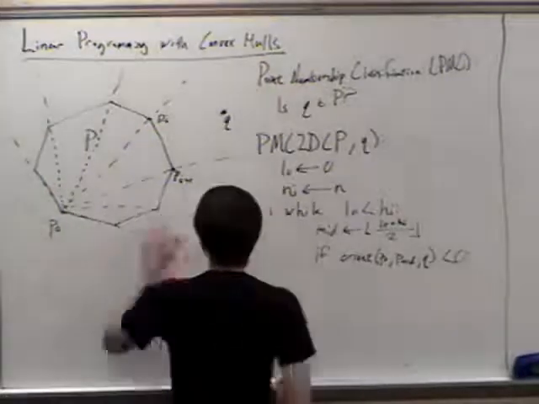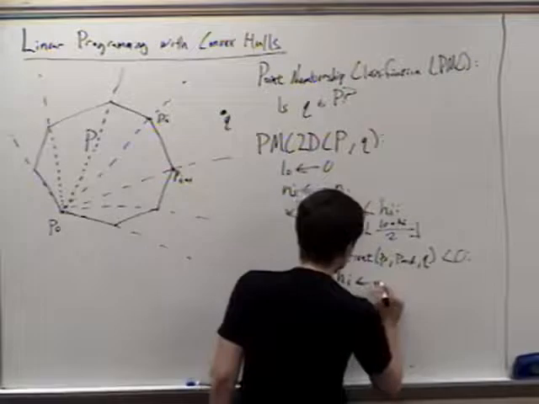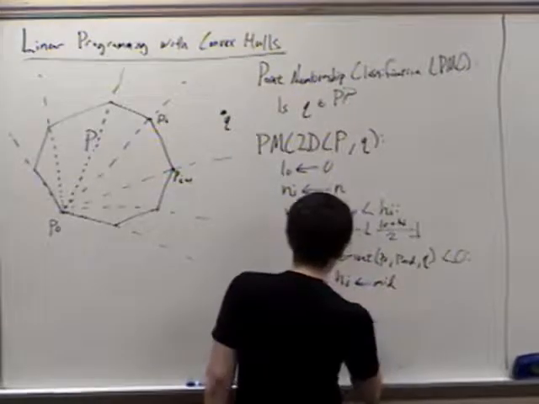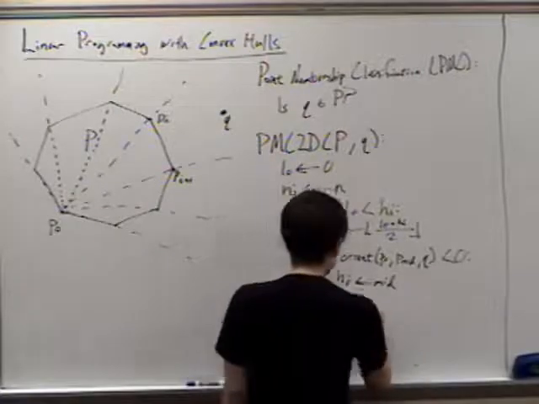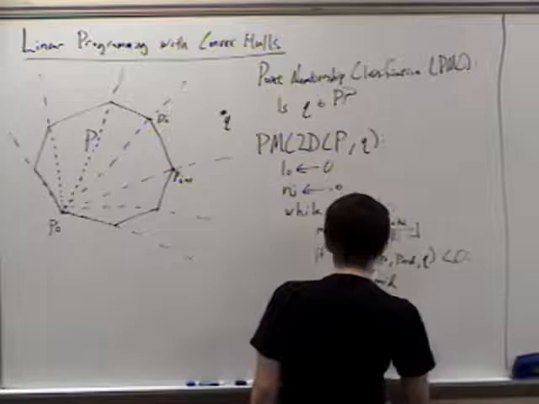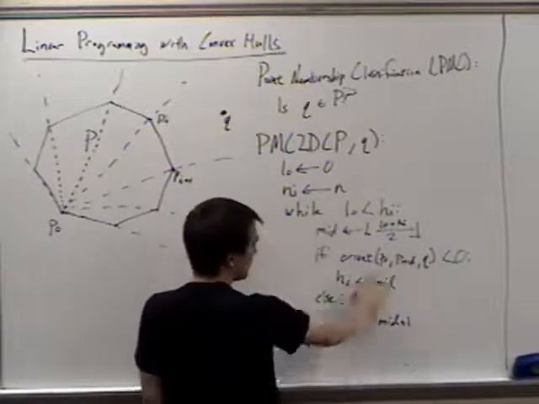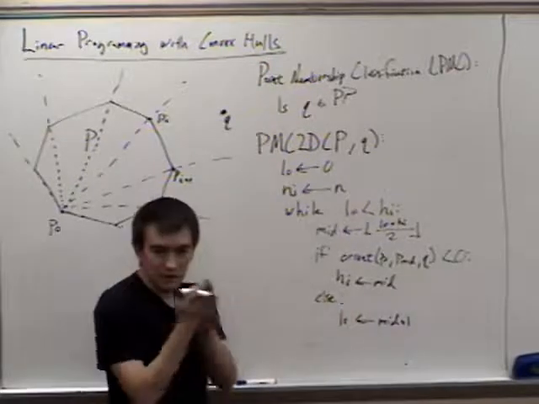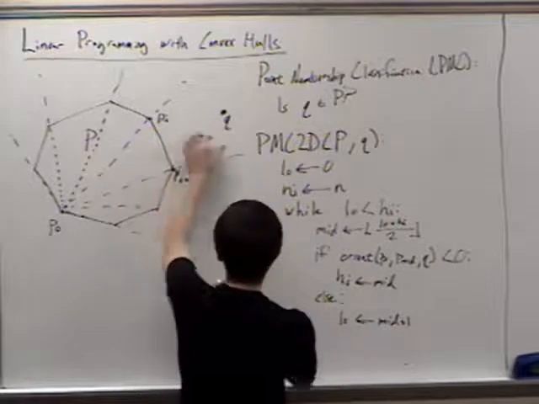Then we have to move the upper bound to mid, so we'll basically set high to mid. Otherwise, assuming no degeneracies here for now, we'll just set the low to mid plus 1. And then at the end, we'll just return. So we just loop here until we finally narrow the bound so that there's exactly one interval that happens to contain this little fan with Q.